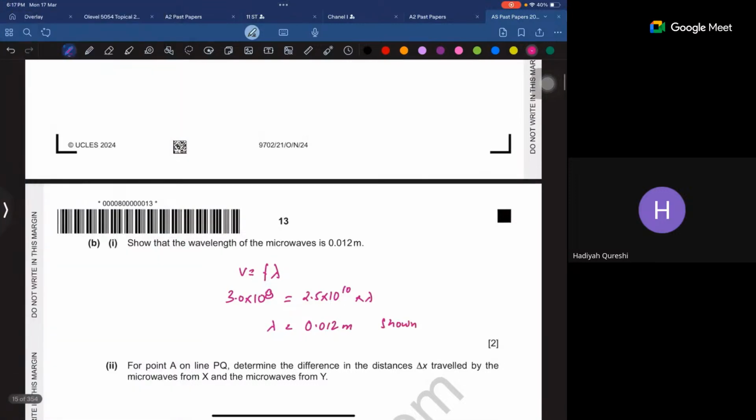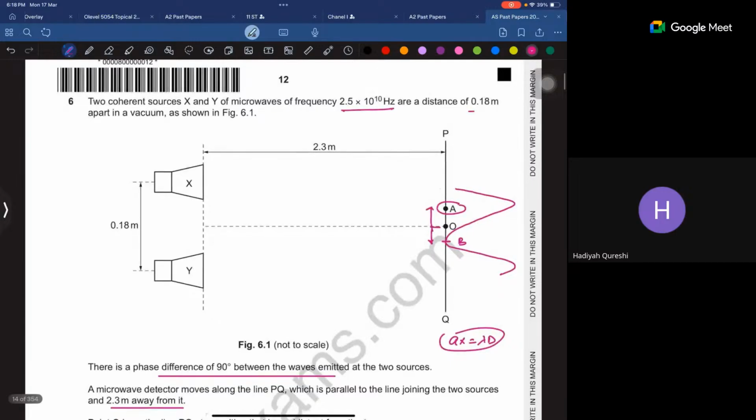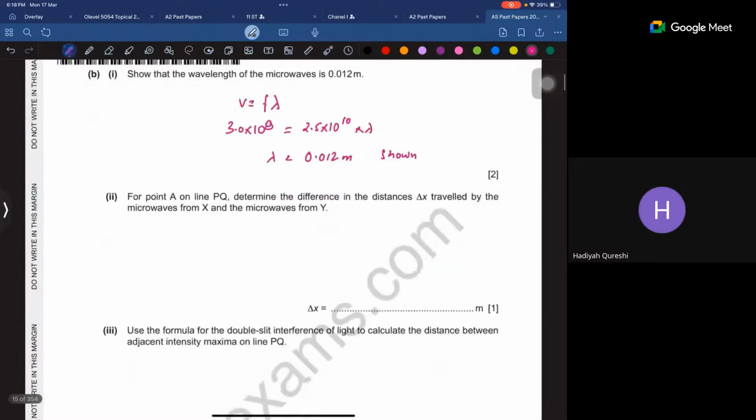Then, for a point A on the line PQ, determine the difference in distances x traveled by microwave and y. So we have to find the difference from here and here. Interesting, huh? I think it is pretty simple, not a big deal. You see, the difference is of 90 degrees, right?